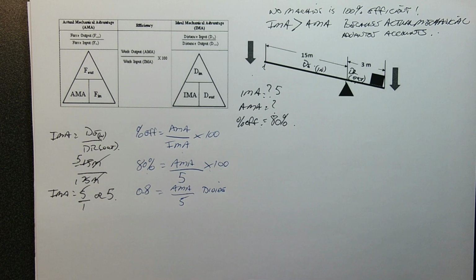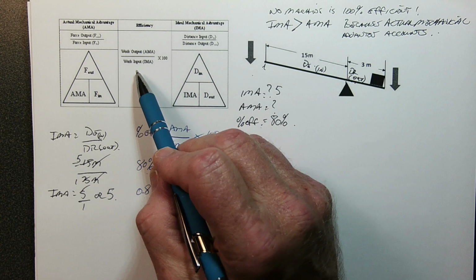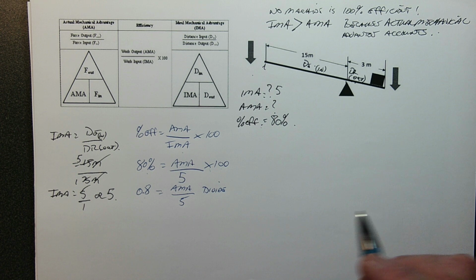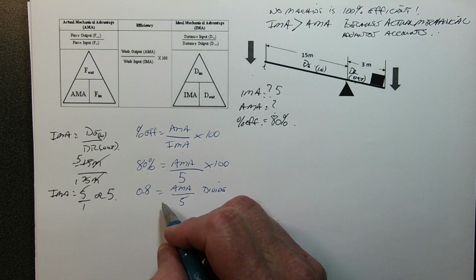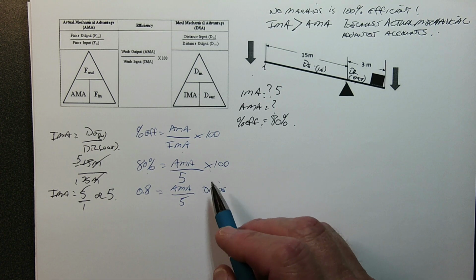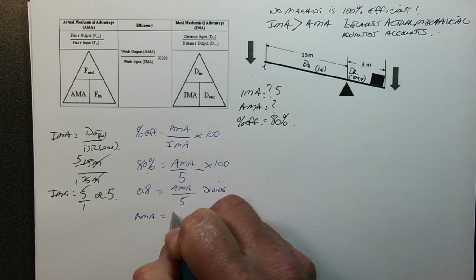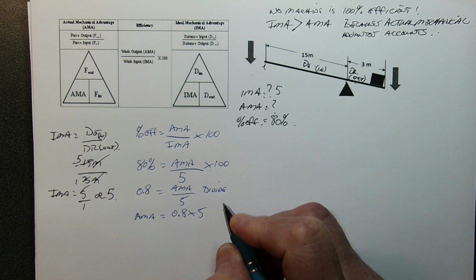But if you also look at your formula, in order to figure that one out now, we will simply move AMA over to the left is equal to 0.8, not divided by, but times 5.